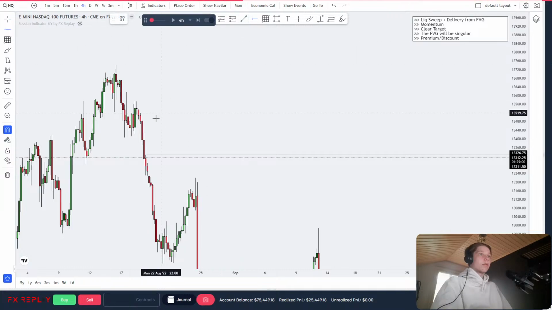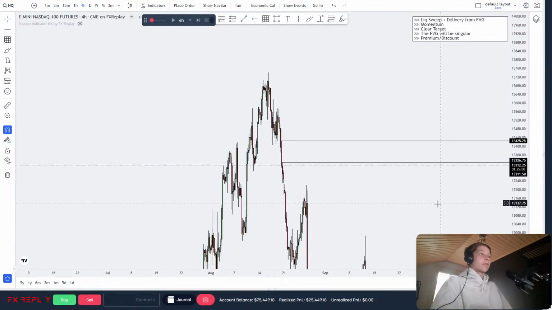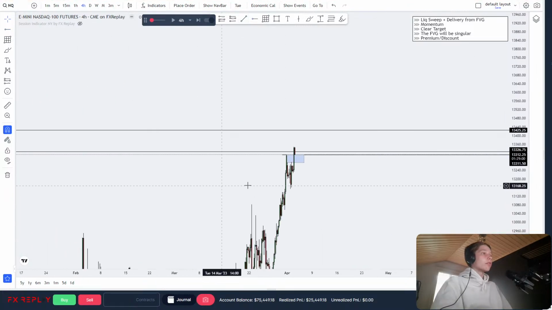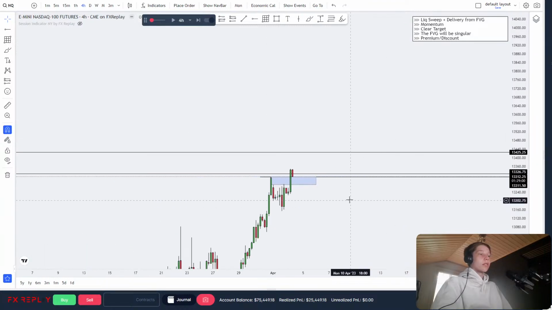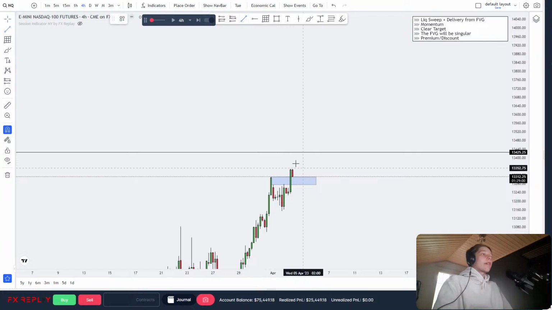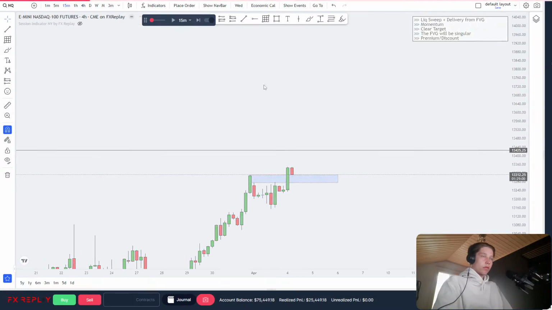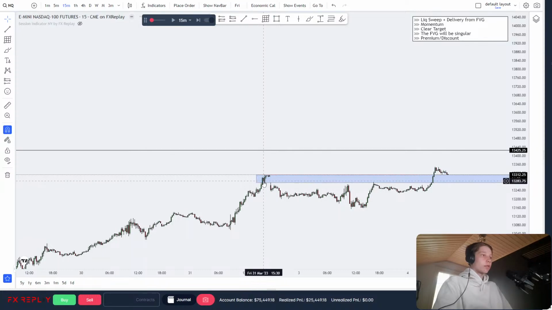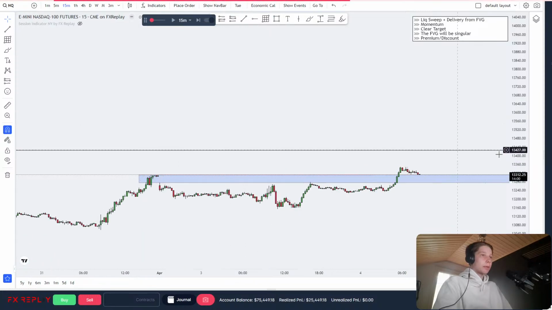So we got this fair value gap, this fair value gap. These are the major areas. Now this got tapped into, meaning that our next target in bullish scenario would be that other gap up here. So let's see if we can have a bullish reaction from this new week opening gap.